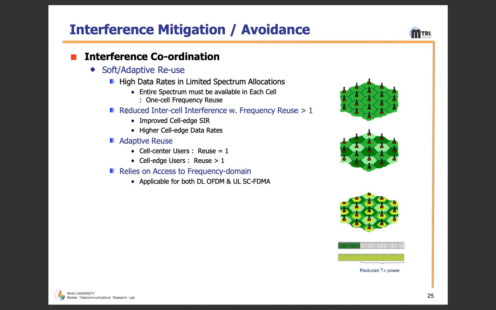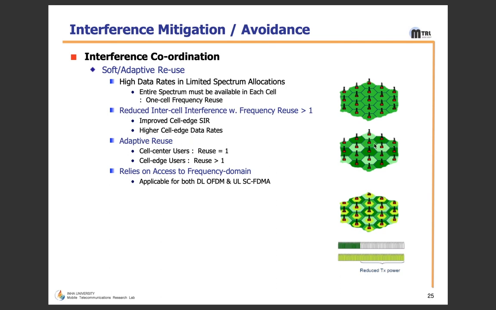Then in the other one, we have reduced intercell interference with frequency reuse. In this case, as you can see, we have different frequencies reused at the distant cells. For example, this dark green is used here, but it is not used adjacently anywhere.